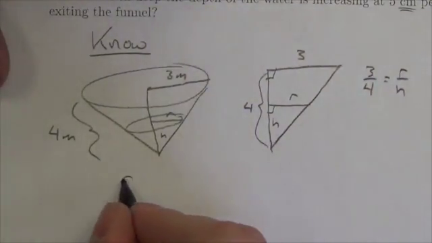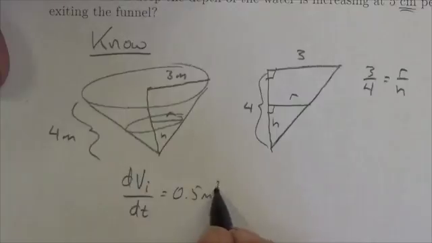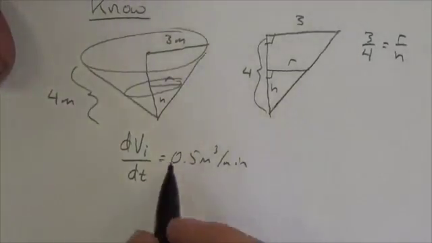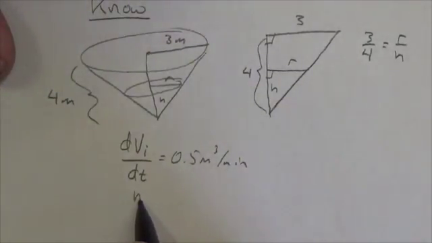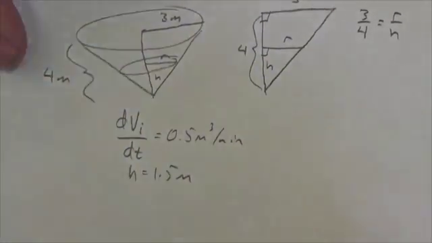Well, we know that the volume into the funnel is going to be 0.5 meters cubed per minute. Okay, that's how fast it's entering. We're interested in the moment when the height is 1.5 meters, and we know that the height is changing.